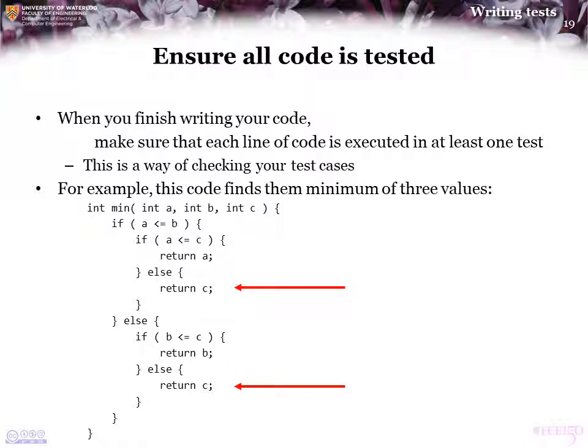Specifically, the first one is executed if A is less than B, but C is less than A. The second one will be executed if B is less than A and C is less than B. So we should, at the very least, have 4 different tests for this min function.